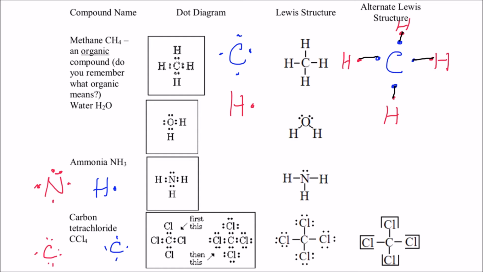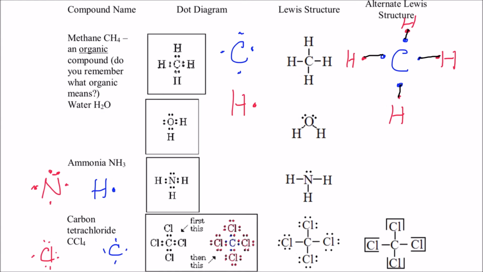Every other pair of electrons here is already partnered up. They're good to go. So this carbon has 4 spots open. The chlorine has 1 spot open.